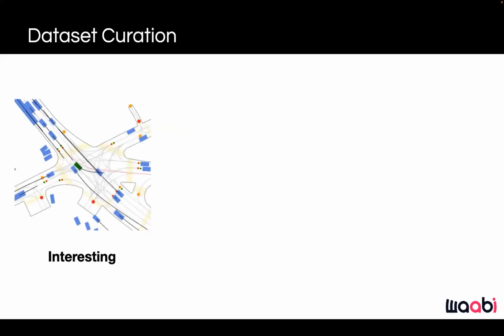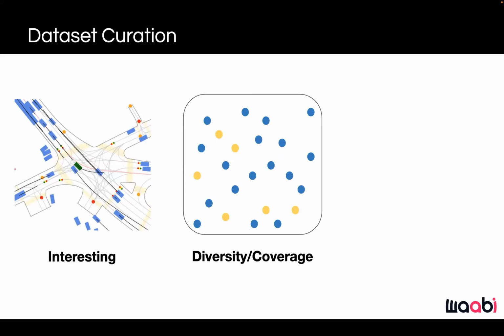So we're going to look at 3 different ways of doing dataset creation. The first one is going to look at defining interesting things. We're going to come up with some way of defining this concept. Then we are also going to look at the concept of diversity and coverage as a way that's also important for selecting your dataset.